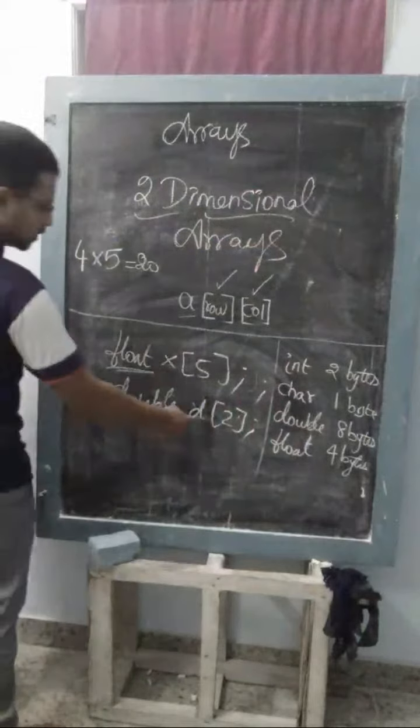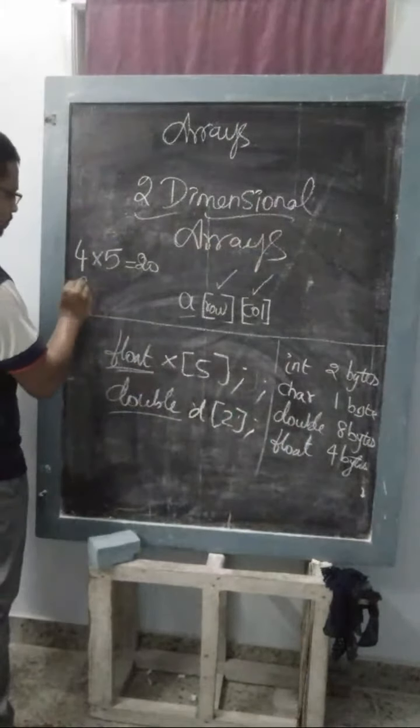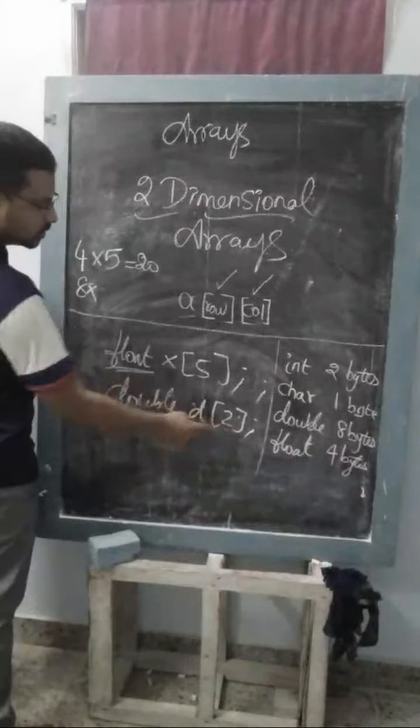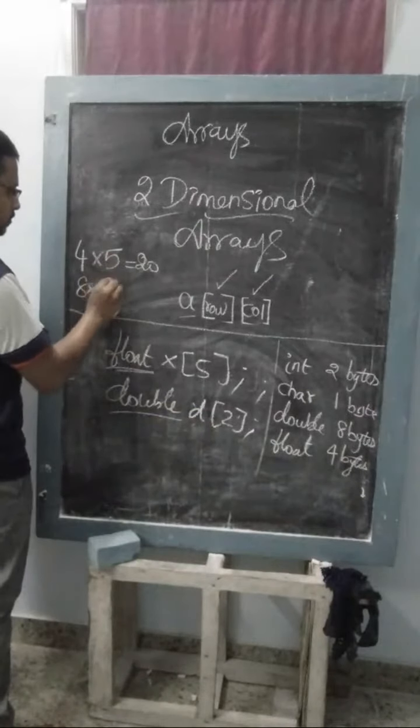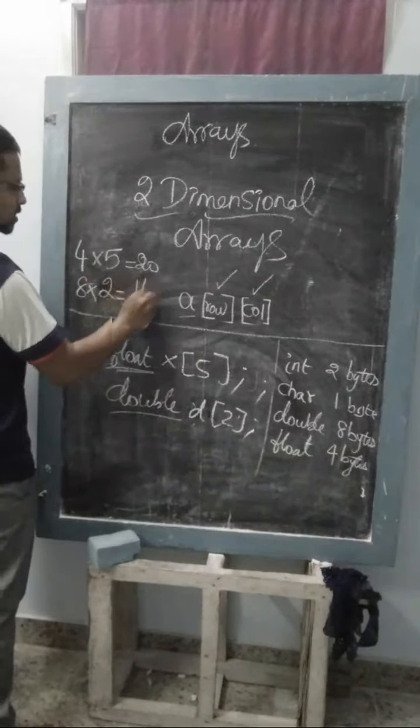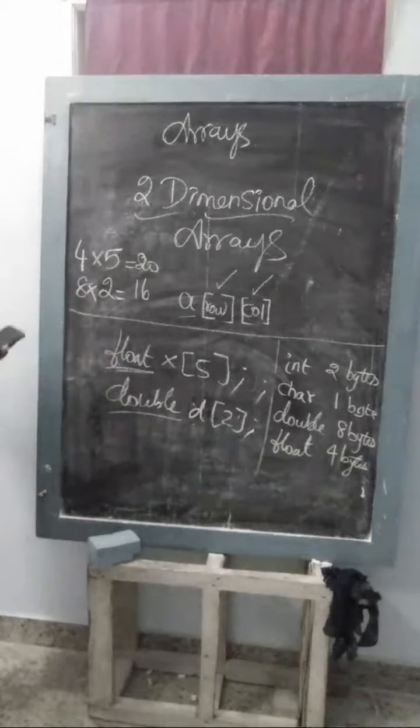Now D is done. The elements of the array is 2, 8 twos are 16.